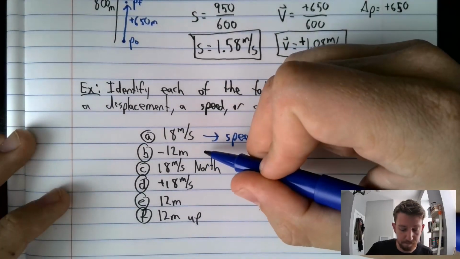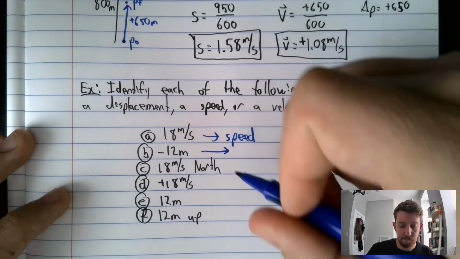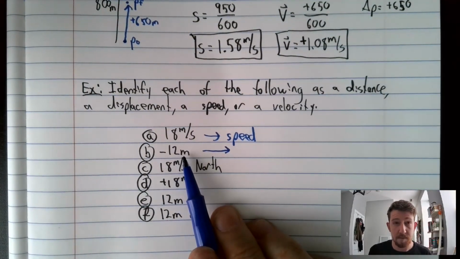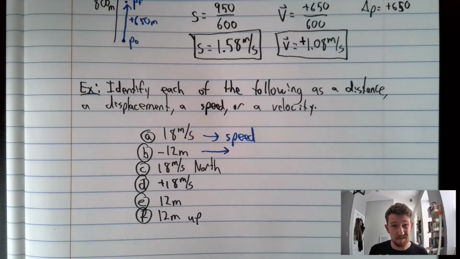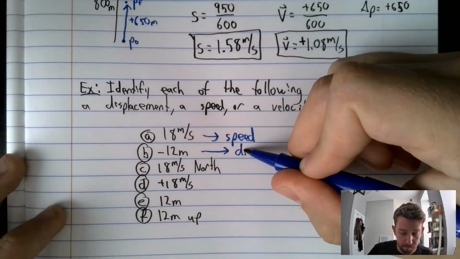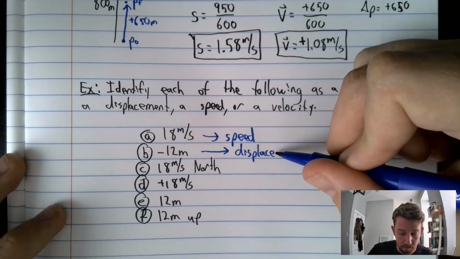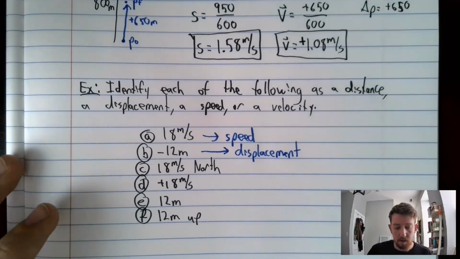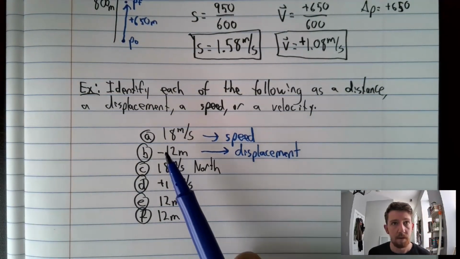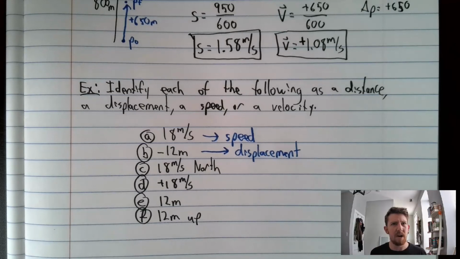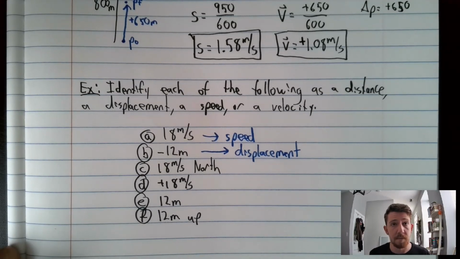B. It's meters, so it's got to be either distance or displacement, and I know that it is displacement because negative is some sort of direction. We don't know exactly what. This negative could mean down or left or west or south. We're not really sure until we get some context for the problem.